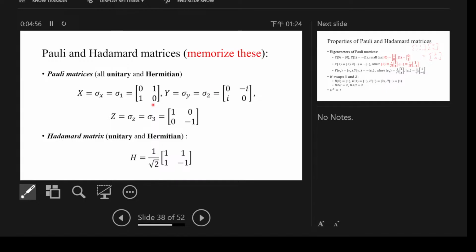Y Pauli is this 0, minus i, i, 0 matrix. And Z Pauli is this 1, 0, 0, minus 1 matrix. And also there is this Hadamard matrix, that's 1 over square root 2 times 1, 1, 1, minus 1. And because it's important to memorize this matrix, let's show it once again here.